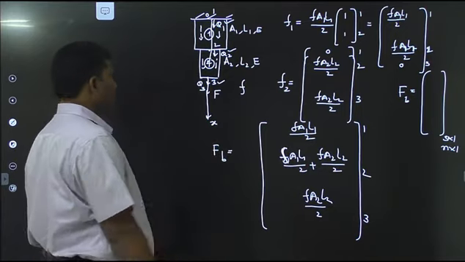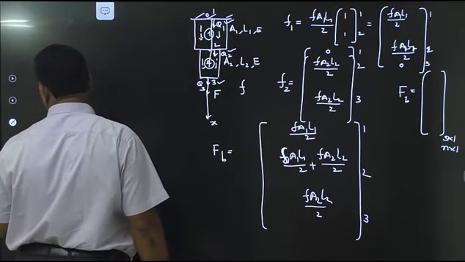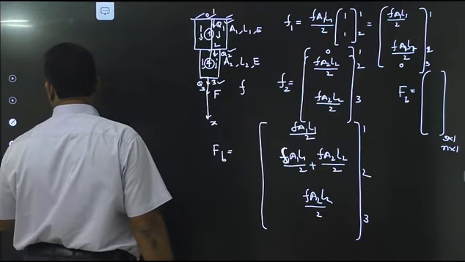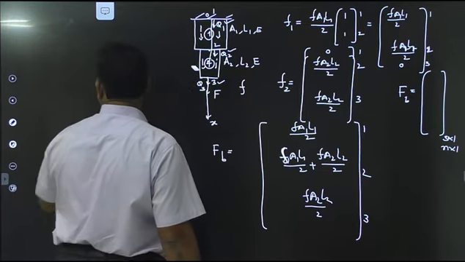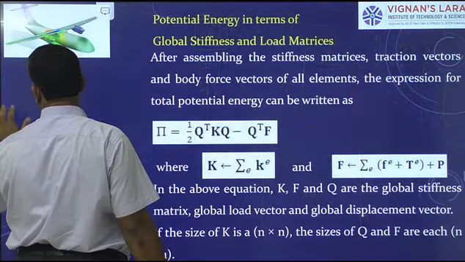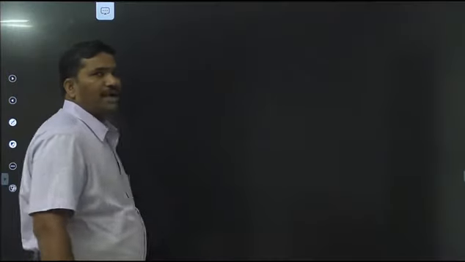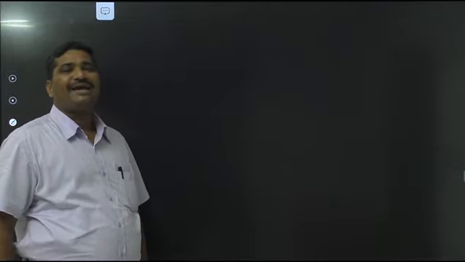Next one. What we do is we take traction again. We take traction now, and prepare the global traction vector.